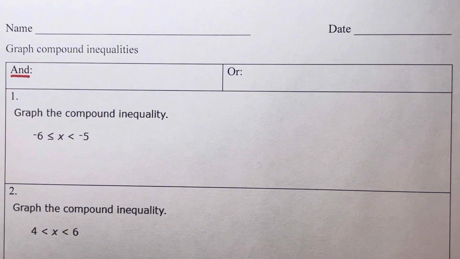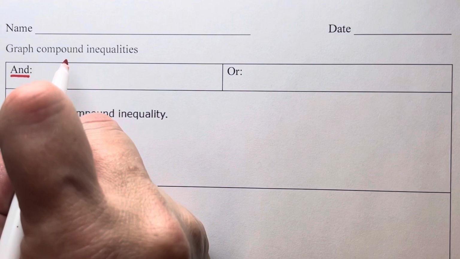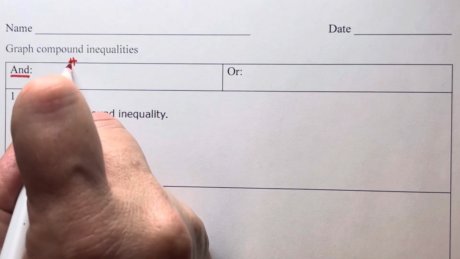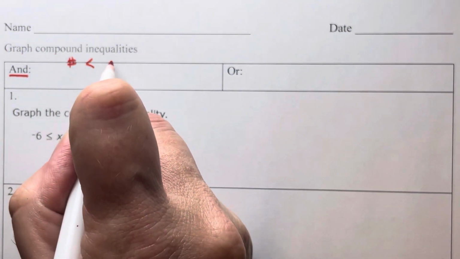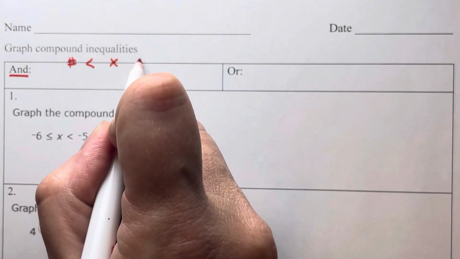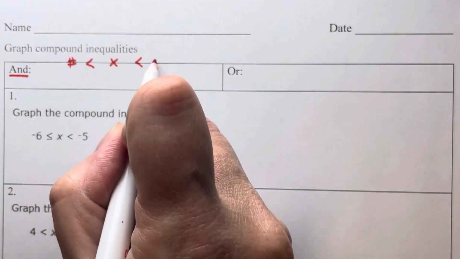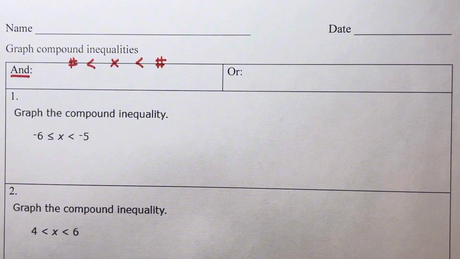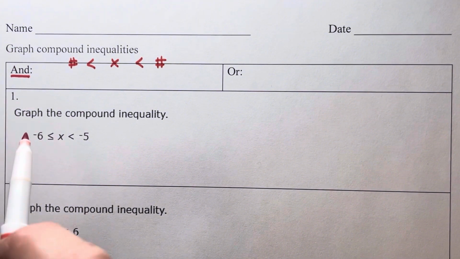If you have to deal with "and," then your inequality probably looks something like a number less than x, which is also still less than a second number. Not too bad.